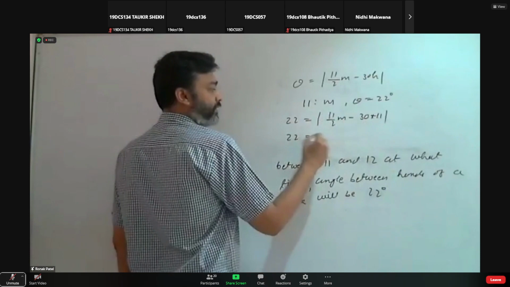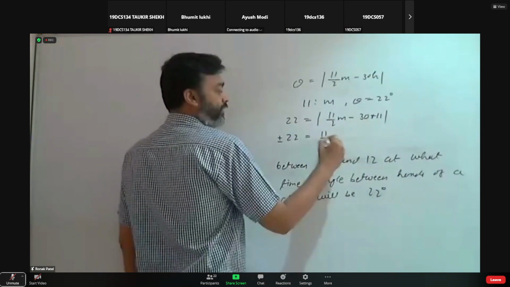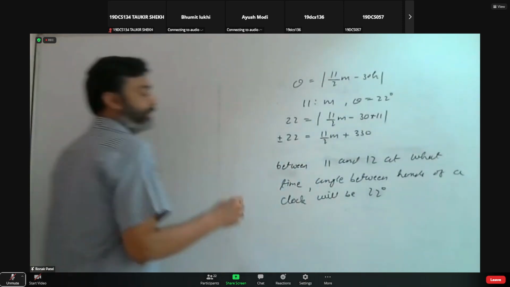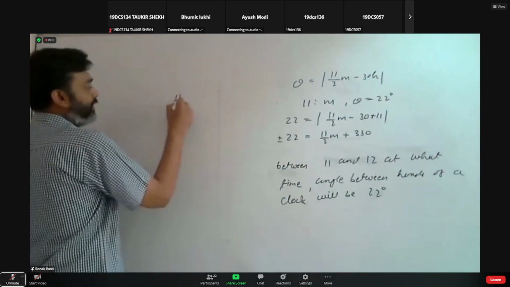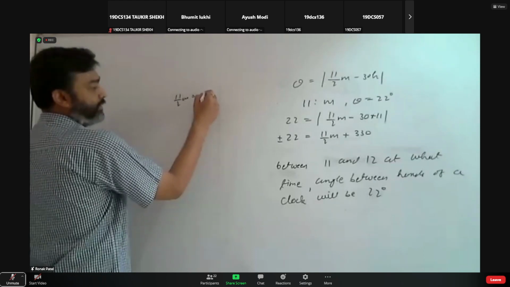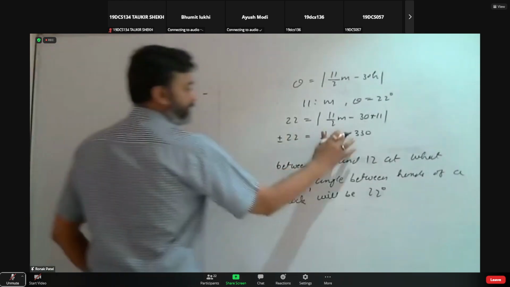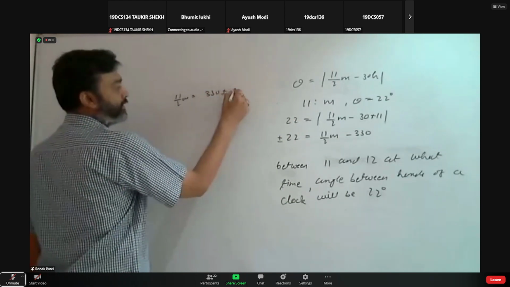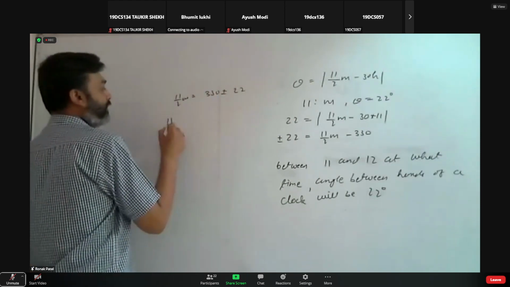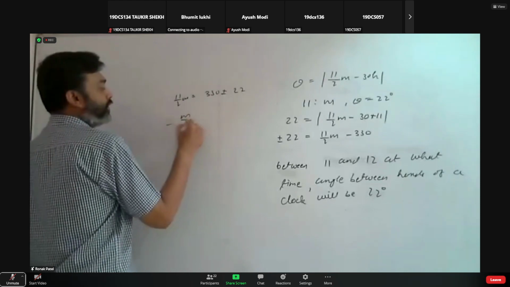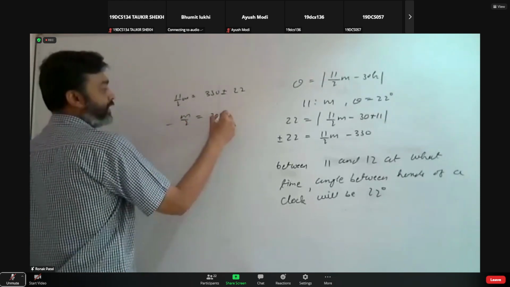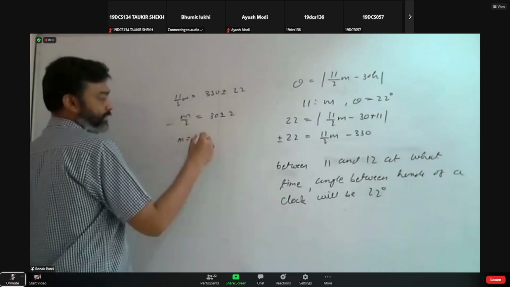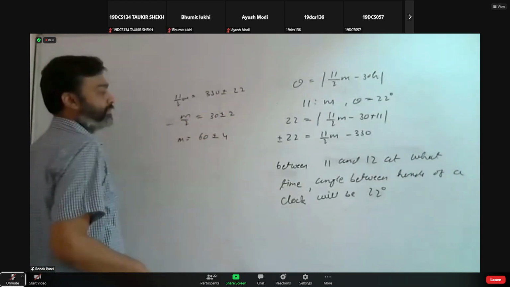So 22 is equal to plus or minus 11 by 2 m minus 330. So 11 by 2 m is equal to 330 plus or minus 22. If I divide all by 11, this is 30 plus or minus 2, so m equals 60 plus or minus 4.